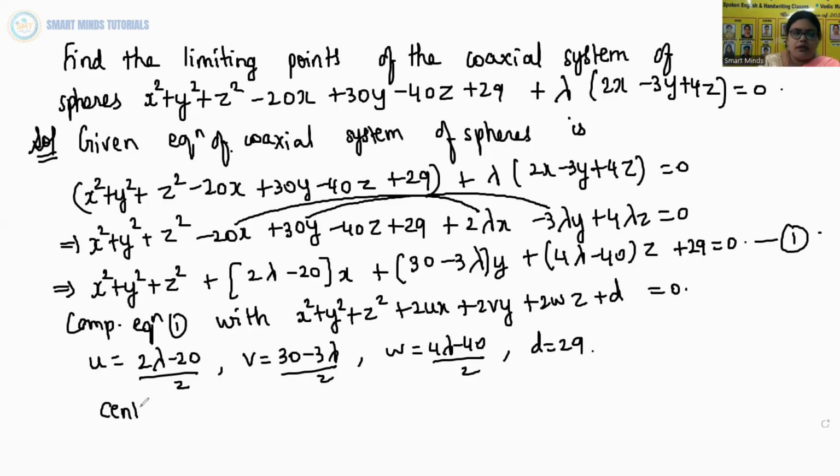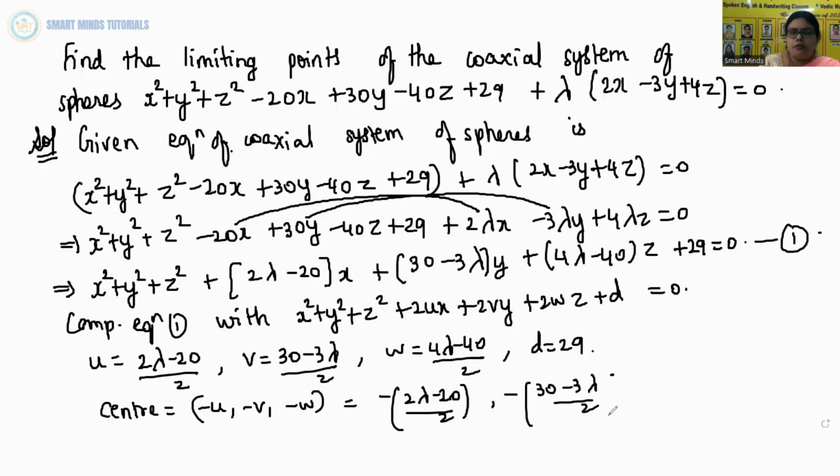So what is the center? We know that center is minus u comma minus v comma minus w. That is minus of 2 lambda minus 20 by 2 comma minus of 30 minus 3 lambda by 2 comma minus of 4 lambda minus 40 by 2. This is the center. So after finding center, we need to find out radius.